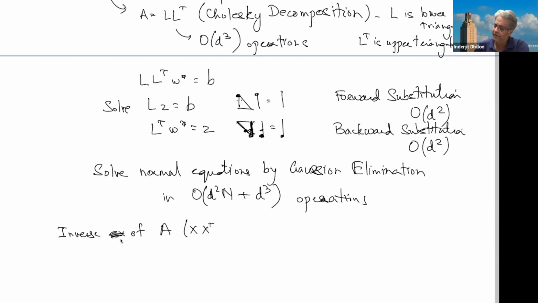XX transpose inverse exists only if A is non-singular. That's the only time there's a unique solution. But what happens if one feature is very close to another feature, right? There's something called the condition number of a matrix.